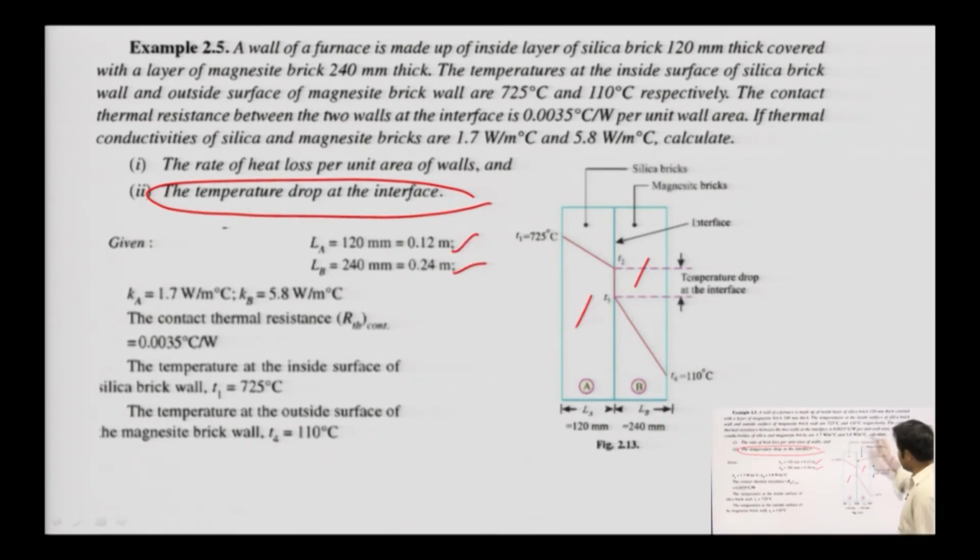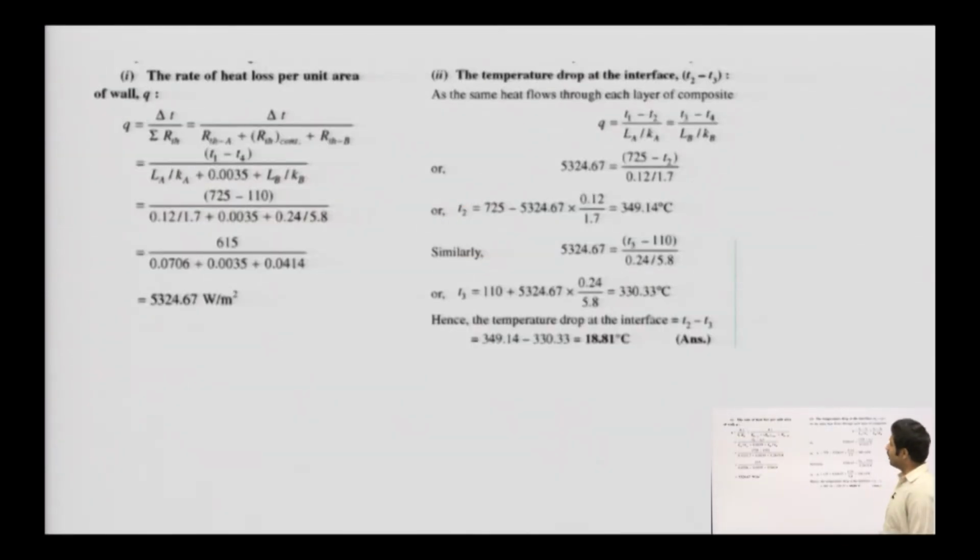This is another composite wall. So Ka is given, La, Lb, the thicknesses, are given here, okay. The contact thermal resistance is given, okay. The temperature at the inside surface and the temperature at the outside surface are given. Now they are asking for the rate of heat loss per unit area of wall, Q. See, the contact thermal resistance is given here, okay.